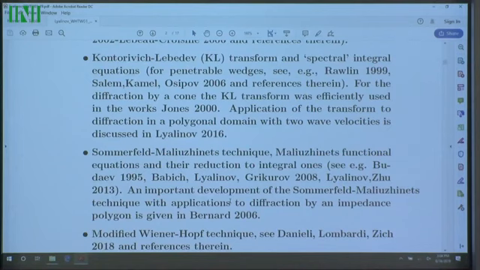And that is why, for example, our approach will lead to some functional integral equations instead of a system of Malyuzhinets equations. But nevertheless, I should say, of course, we shall have some similarities with that approach given by Bernard.